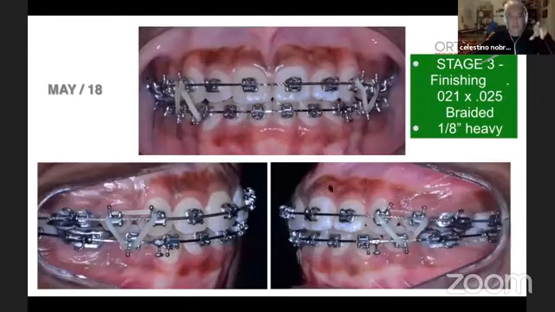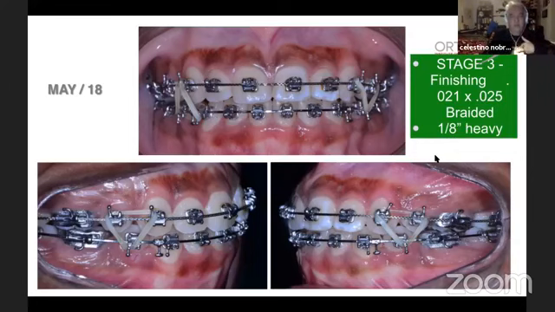So again, this is the same patient. This is stage 3. In my opinion, it's the most difficult one because it's not easy, like tiny details. In this stage for finishing, I placed the 21 by 25 braided archwire in the upper, and I kept the same 19 by 25 in the lower arch. Here we have this triangle with a heavy 1/8 elastic, just to provide intercuspation.